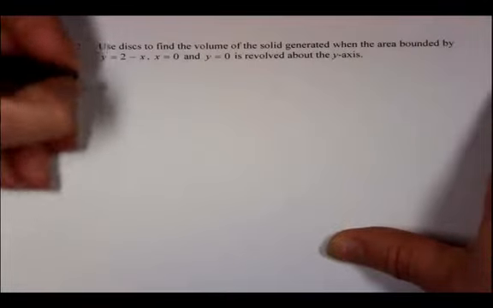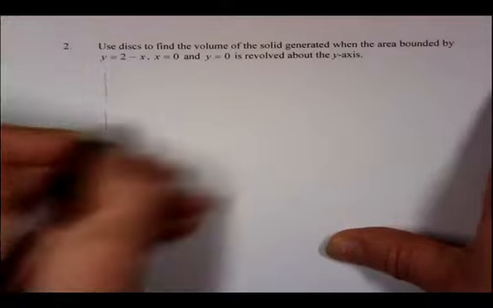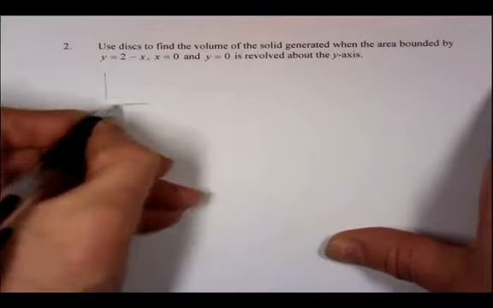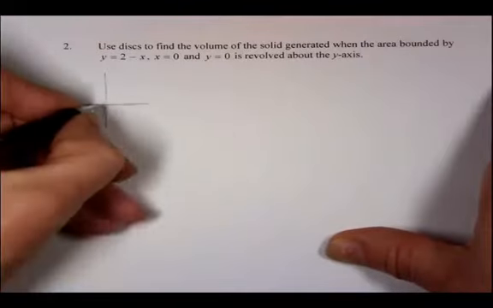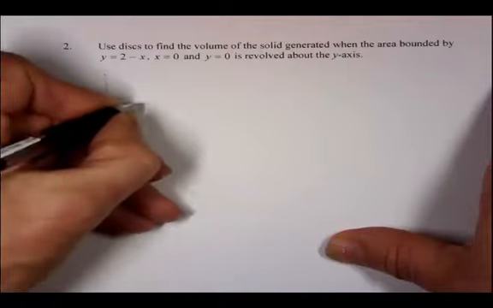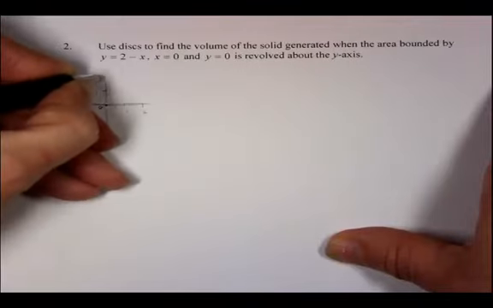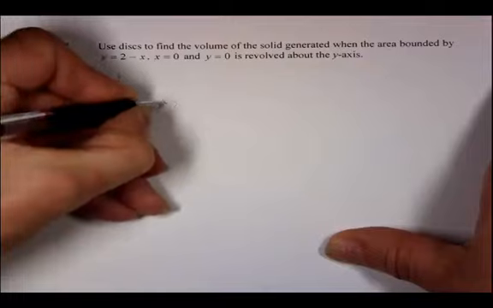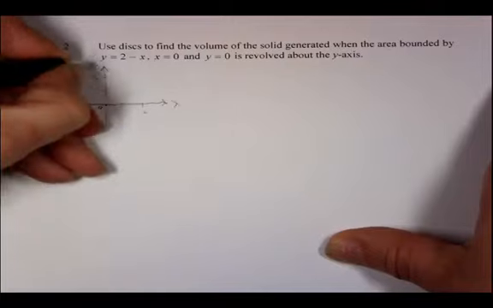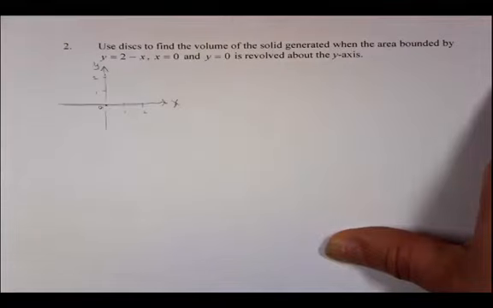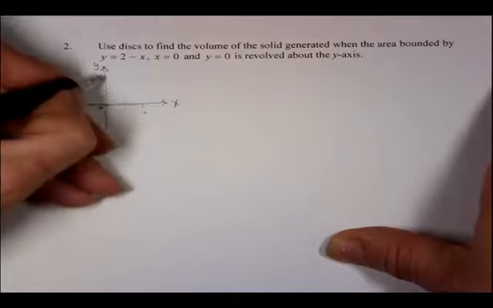So let's just draw our axes. We've got the same line as before, 0, 1, 2, 1, 2, that's our x-axis, that's our y-axis. y equals 2 minus x, that's the line we had before.